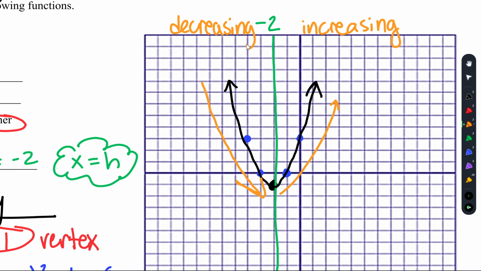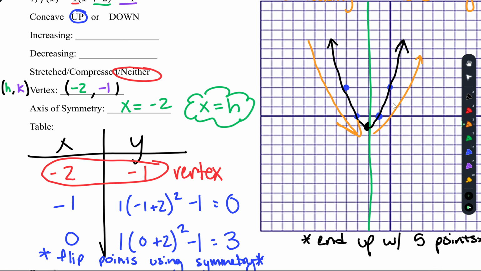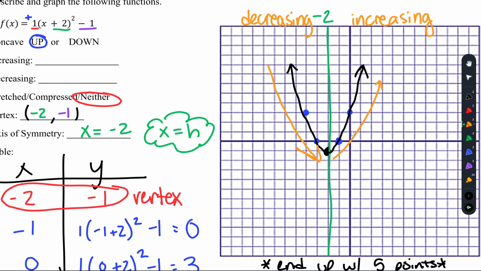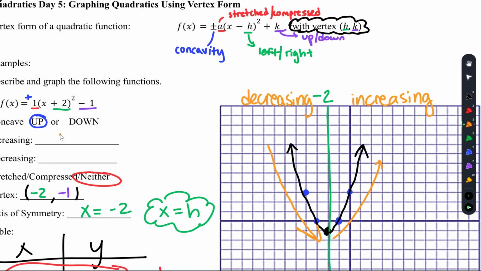So now to describe what's happening here, we are increasing for all of the values in which x is greater than this negative 2. So for negative 1, 0, 1, 2, 3, 4, all the way up, that is going to be an increasing interval. So we would say x is greater than negative 2. That's saying for all the x values bigger than negative 2, we're increasing.